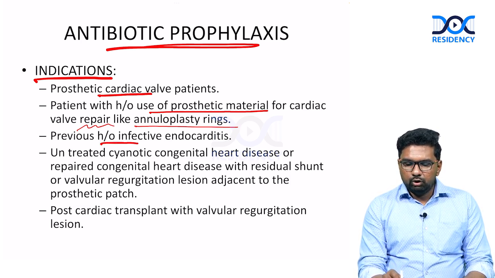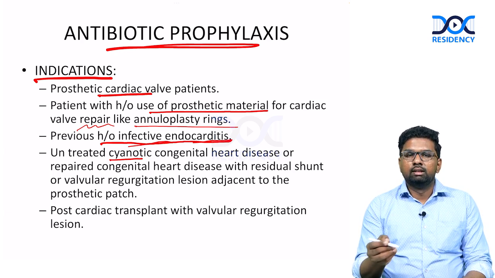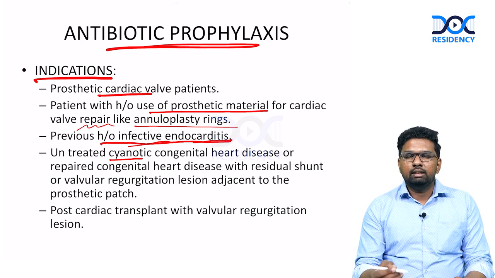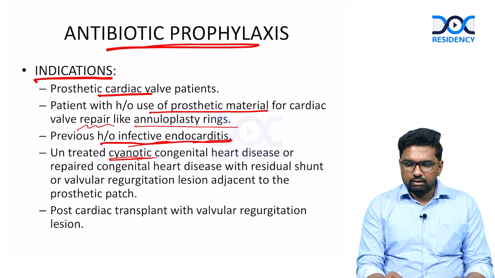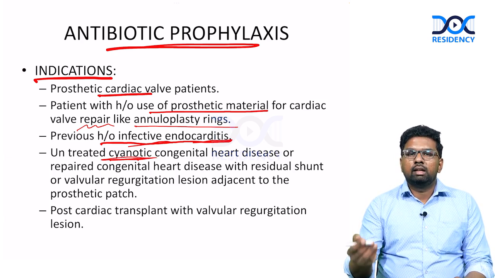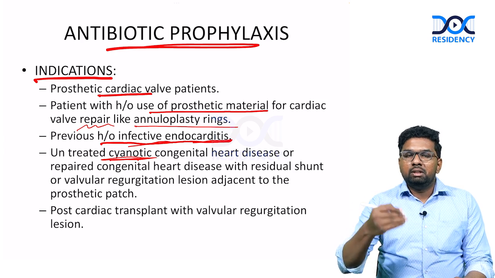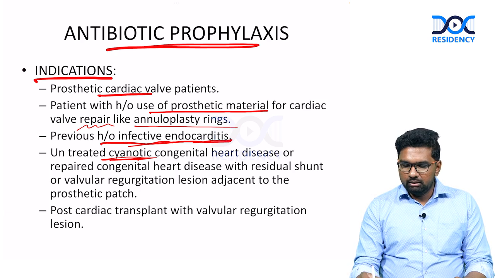And if there is a history of previous endocarditis, or an untreated cyanotic congenital heart disease patient who requires further treatment. The cyanotic heart disease is the more important thing. Or a patient who has undergone bridging therapy like shunting treatment, where a residual shunt is left.